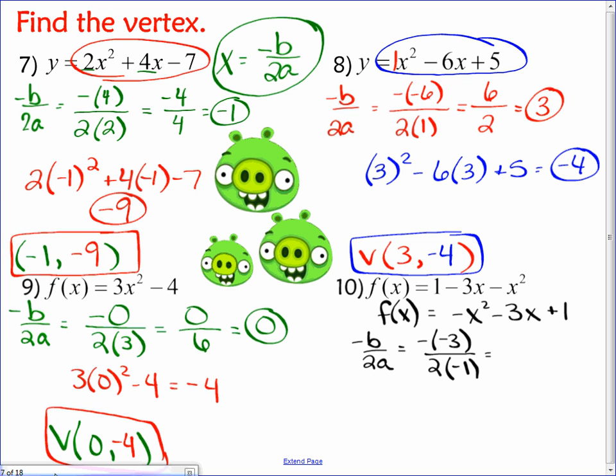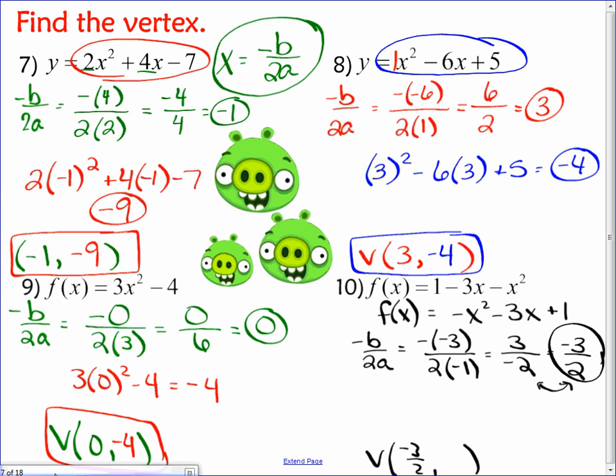Clean up the top, clean up the bottom, and then clean up your fraction. There's not much more I can do with this, other than that a lot of you are more comfortable seeing the negative on the top as opposed to the bottom. These two things mean the same thing. I don't care if you put the negative on top or bottom, it doesn't matter to me. So I know my vertex is located at x equals -3 over 2, something.